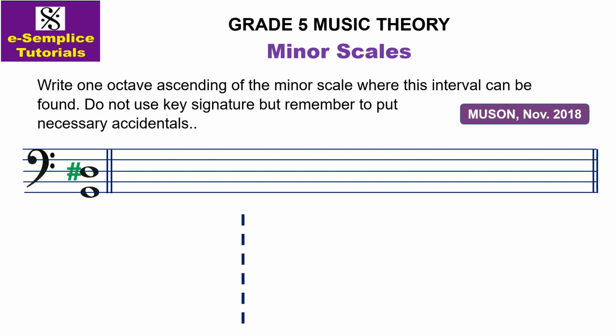Next question is from Muzon, November 2018. Write one octave ascending of the minor scale where this interval can be found. Do not use key signature, but remember to put necessary accidentals. You are required to write an ascending scale, and it should be a minor scale.